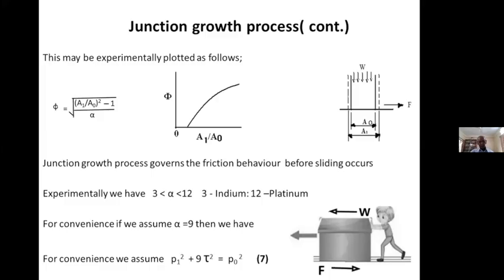And that is more or less a clear definition of junction growth. So this equation 7 shows how the junction grows and how the friction factor or the tangential factor varies with it.